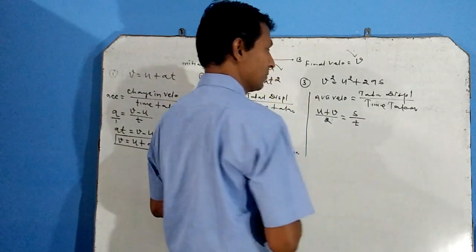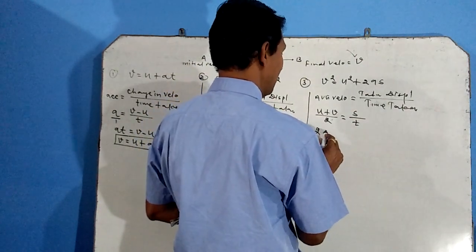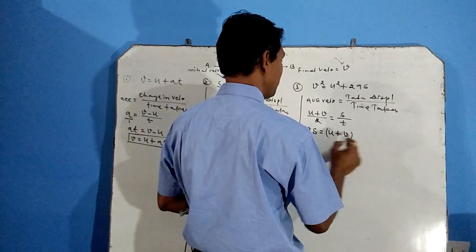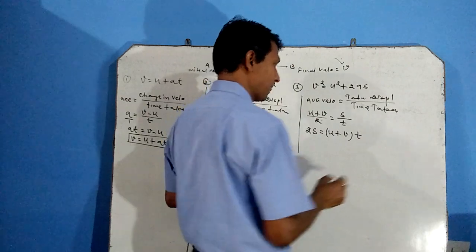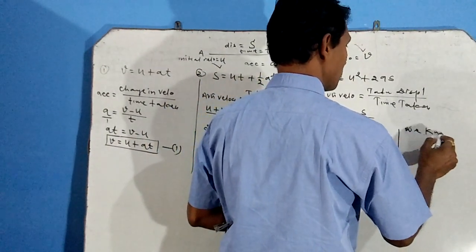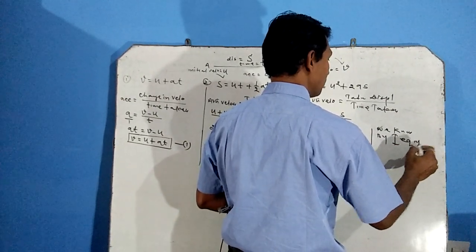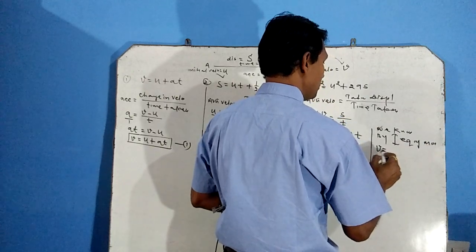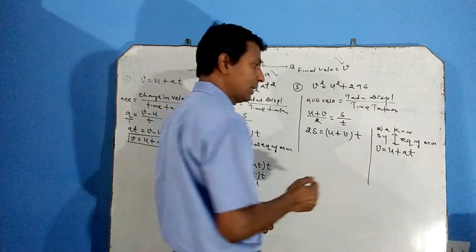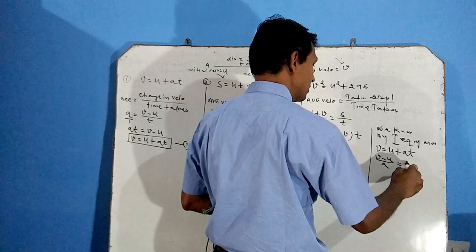Here I have twice s is equal to u plus v multiplied by t. We know by the first equation of motion that v is equal to u plus at. From here, friends, we will find the value of t. Here it will be v minus u upon a is equal to t.